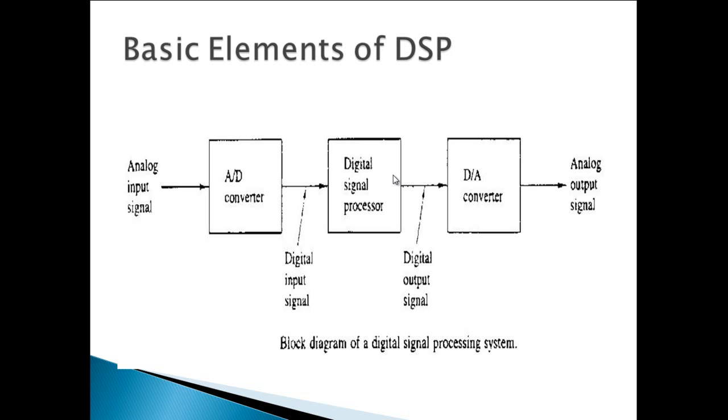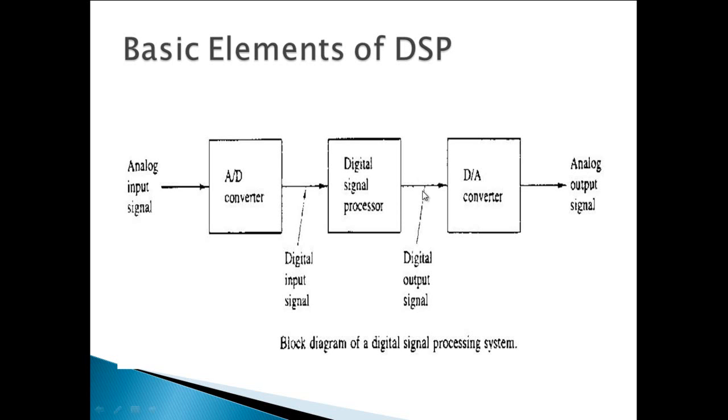Now this digital signal processor can be a high speed digital computer or a digital signal microprocessor. Such processors perform signal processing operations with the help of software which decides the type of operations that are used.